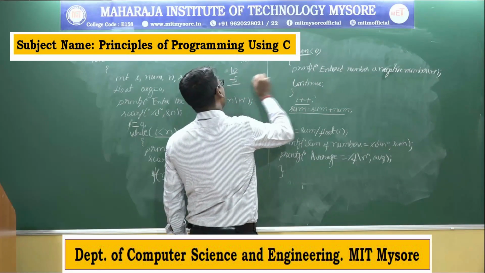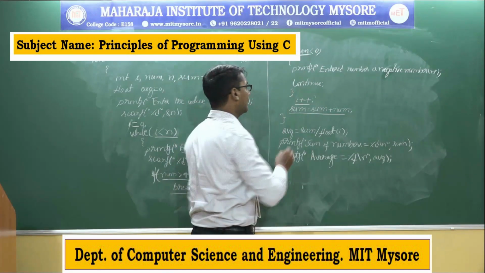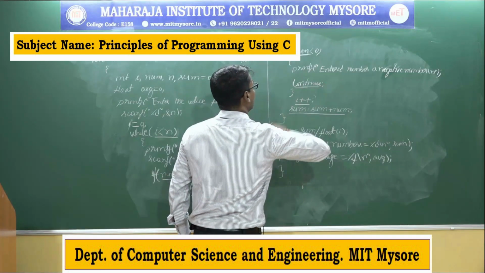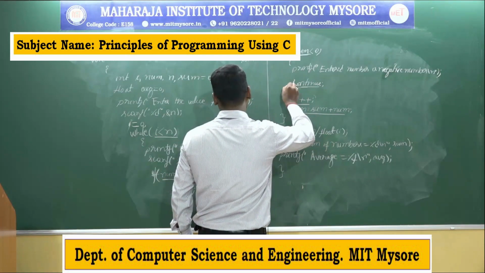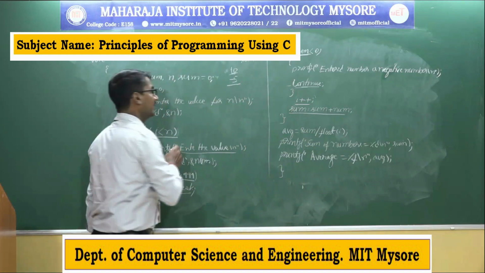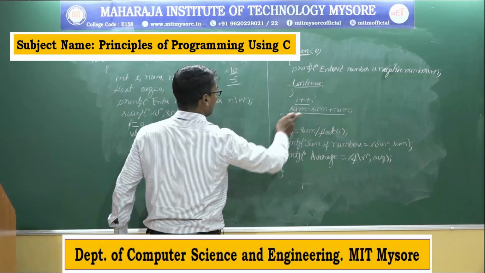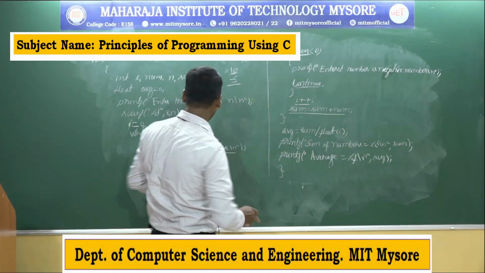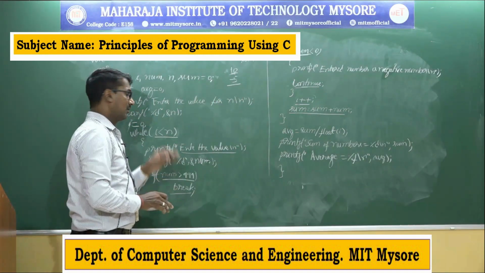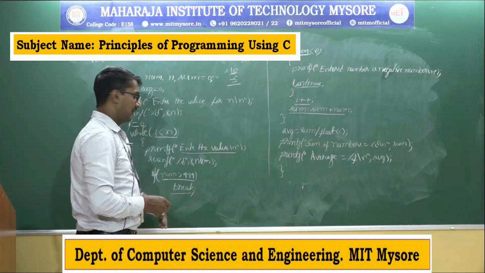Yes, minus 5 is less than 0. Condition is true. Once this condition is true, it executes the continue statement. Now the control is transferred to the while statement. Observe here, I plus plus is not performed, and sum is not performed because the control is transferred to the loop. Still 1 less than 5, condition true.